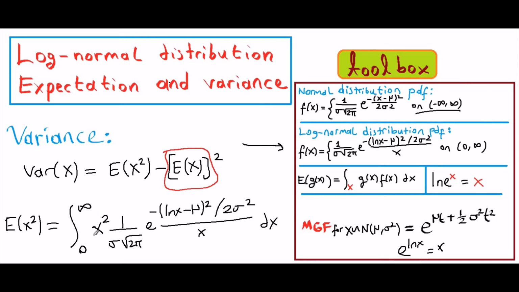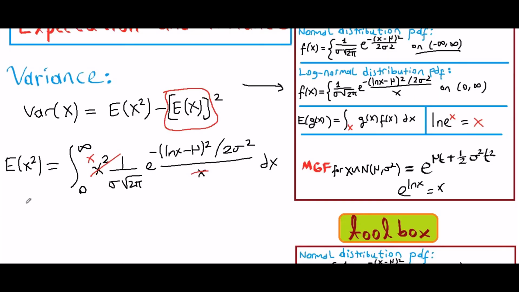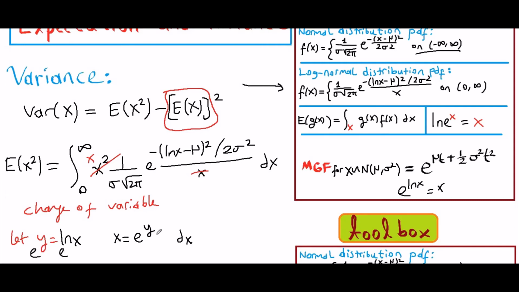So we can simplify x squared and x, so we have an extra x term. Now we can use a change of variable. Let y be equal to ln of x. Then x will be equal to e to the y if you raise e to the power on both sides. Then the derivative of this is going to be e to the y dy.